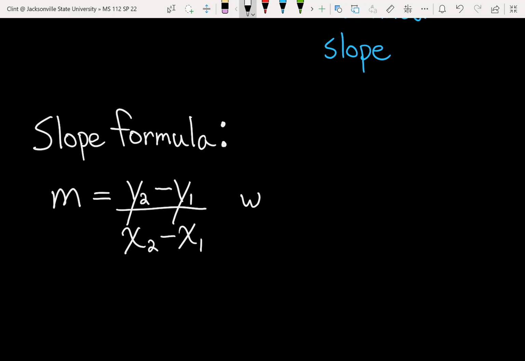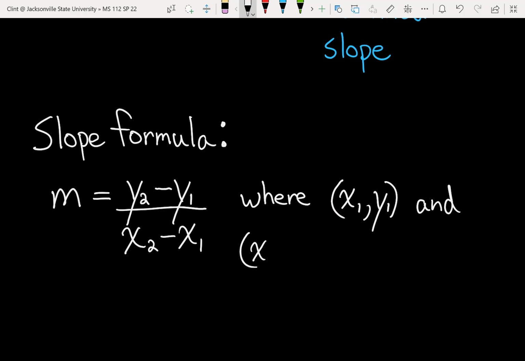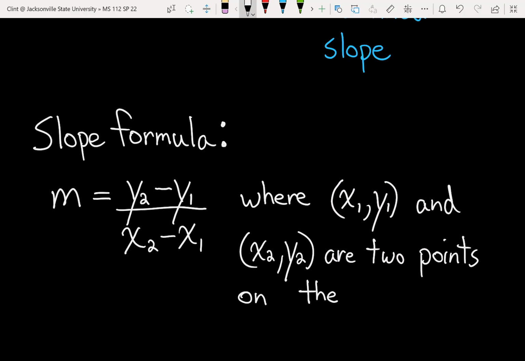So here we would have 2 points on our graph, x1, y1, and x2, y2. And they need to be 2 different points, because if they're the same point, we can't find slope using this formula.